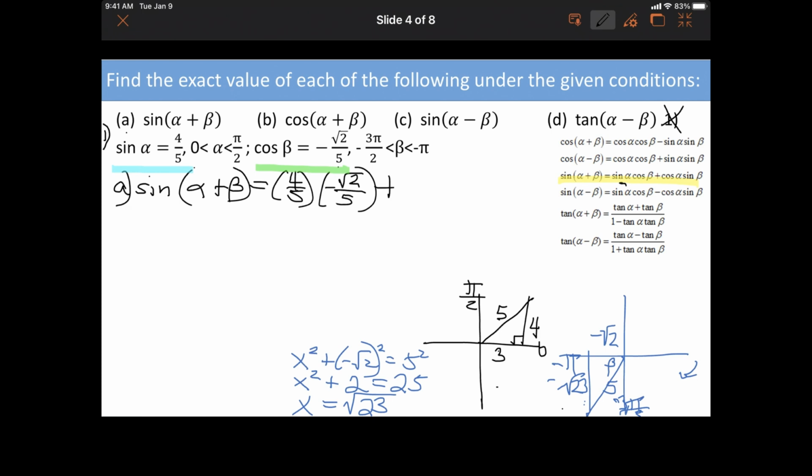Looking at this triangle, cosine of alpha is adjacent over hypotenuse, so that's going to be 3/5 times the sine of beta. Sorry, did I have that right? The sine of beta is on this side. So this can be negative root 23 over 5.